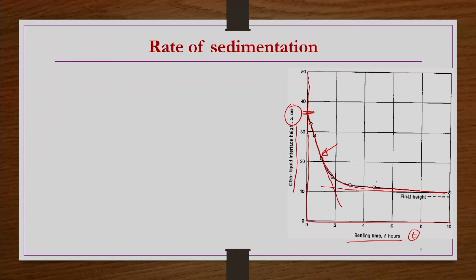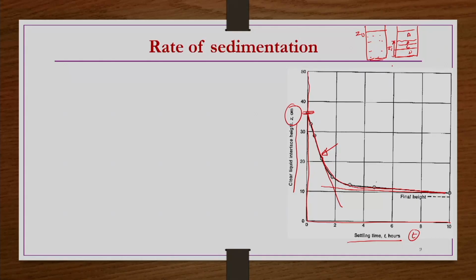What does this clear liquid interface mean? You have initially, let us say, Z0, initially filled up to this level. After some time this forms two layers, that is A and D, and then B and C layers are there. The interface between this B and A layer, that height is nothing but Zi. So, that is decreasing.